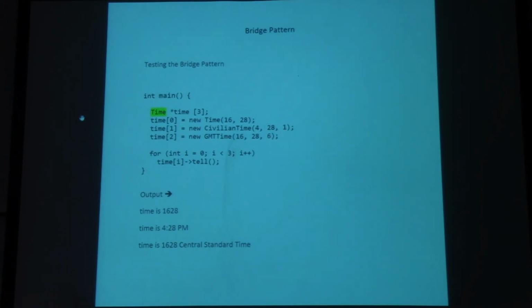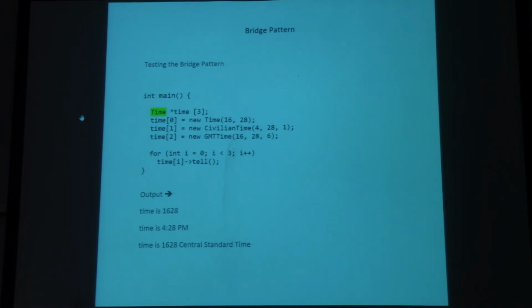As I iterate through this, notice that the tell method is going to execute 1628 for the first case. For civilian time, it's going to say it's 4:28 p.m. And then finally for GMT time, it's going to say time is 1628 Central Standard Time, because I'm specifying the zone of the GMT.